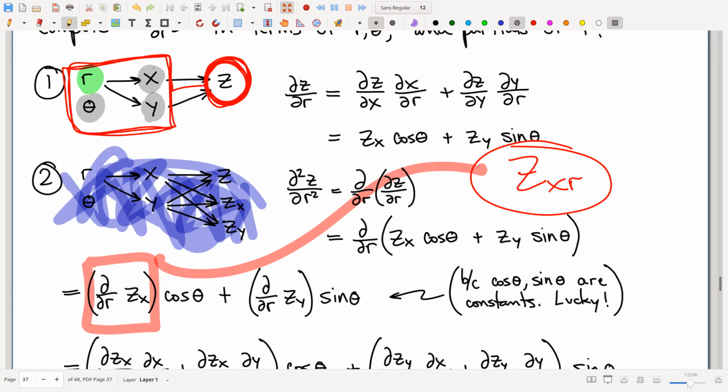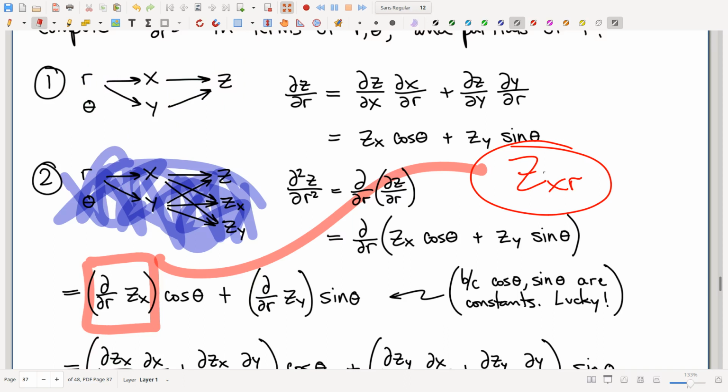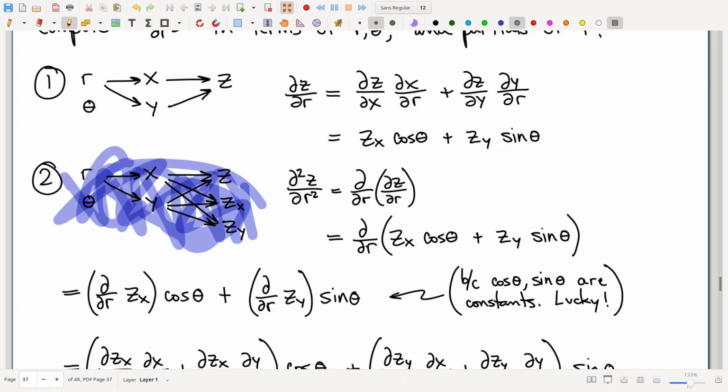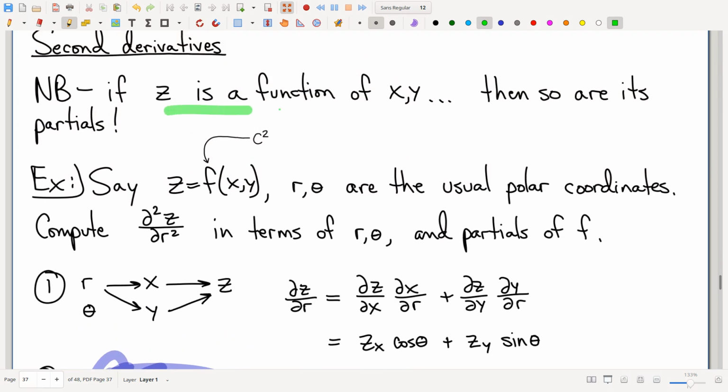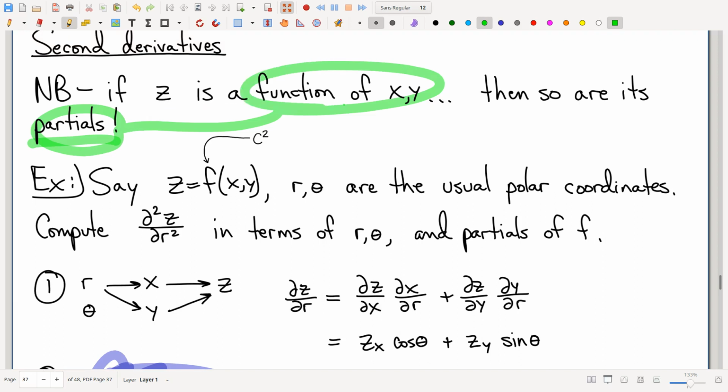Now let me show you the right way to think about it. The right way to think about it is to think carefully again about what this thing here is, zx. And this was the statement that I made at the beginning up here. I made the observation that if z is a function of x and y, then its partials are also functions of x and y.